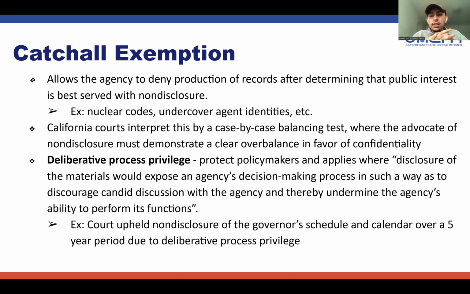So, an example of this is that the court upheld non-disclosure of the governor's schedule and calendar over a 5-year period due to deliberative process privilege. In this case, someone had asked to see the governor's 5-year schedule, and the court ended up withholding it because they decided that the governor's inner workings, the meetings that he takes, whatnot, are things that don't necessarily need to be out in the public because it would discourage him from candidly accepting other types of meetings, et cetera.